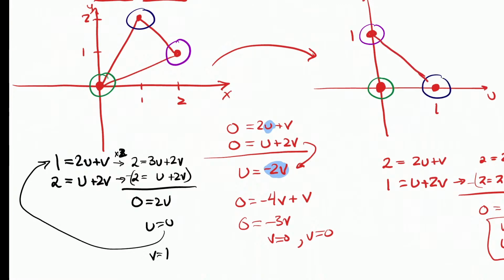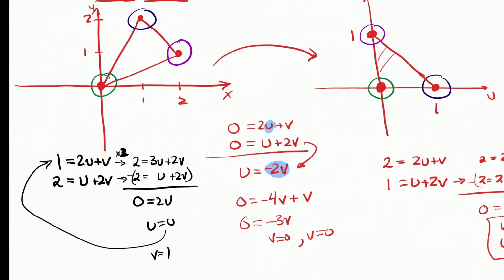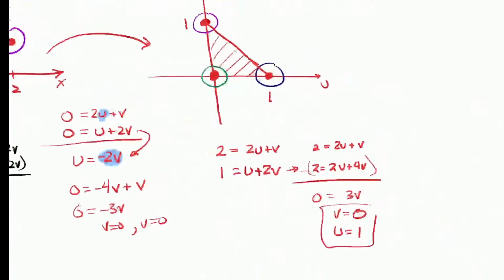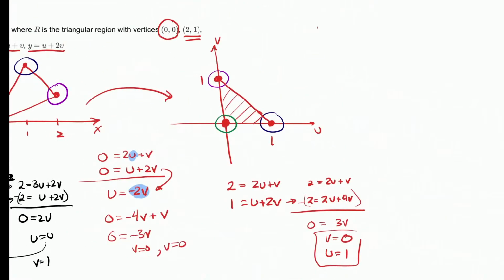So you can get your own Jacobian, but notice that the region kind of straightens out, spreads out the triangle so that it's nice and easy. So when I set this up, here's how it's going to look. You just have to come up with the Jacobian. So I'm going to use a vertical rectangle. So u goes from 0 to u equals 1. V goes from 0 to v equals 1 minus u.